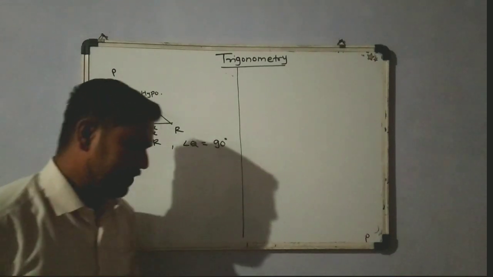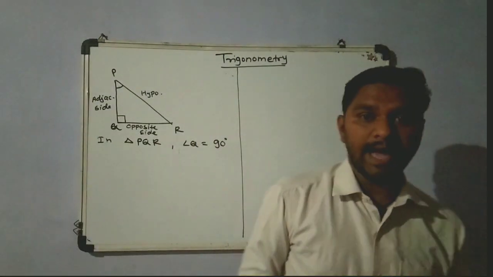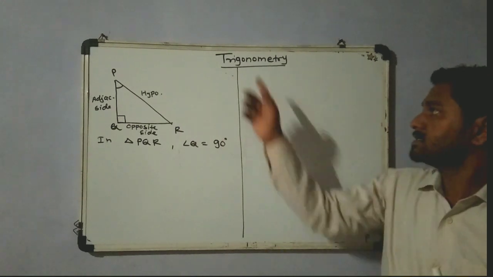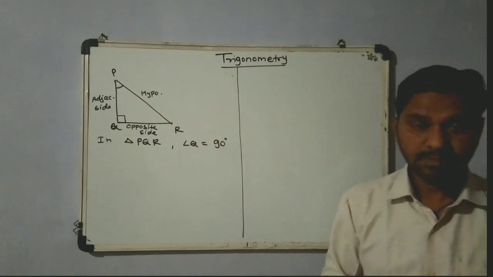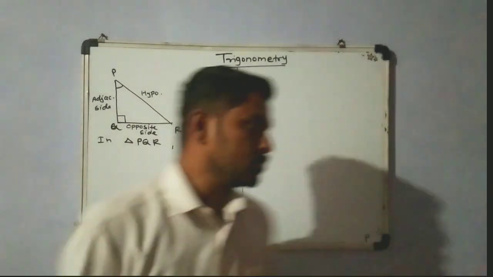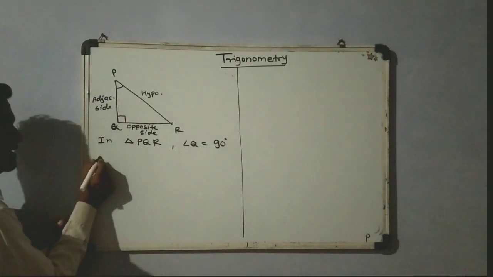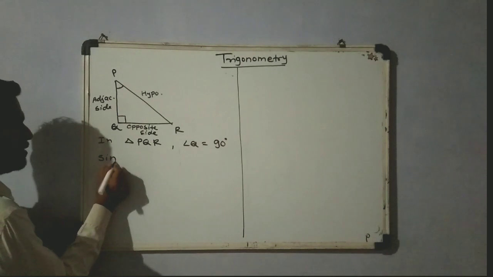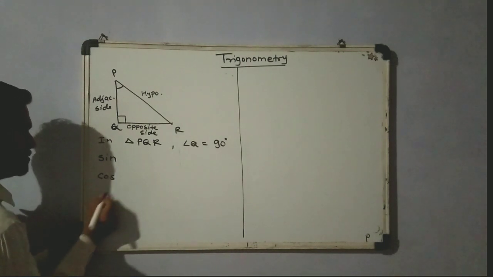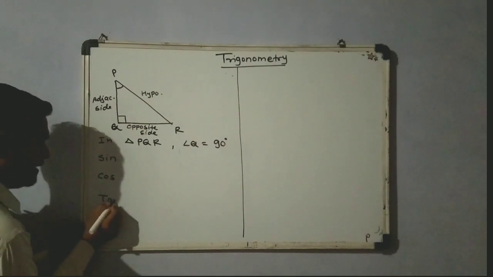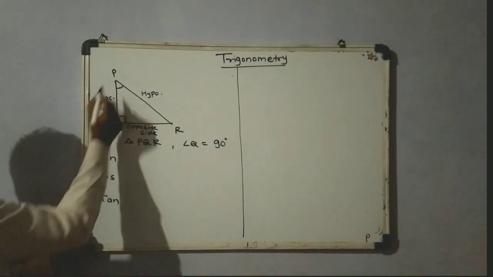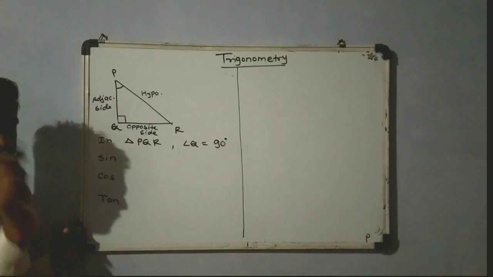Okay. So angle P, after choosing angle P, I am going to take some trigonometric ratios. So see, you just have to learn the first three trigonometric ratios, which are sine, cos and tan. Okay, so I choose angle P here.